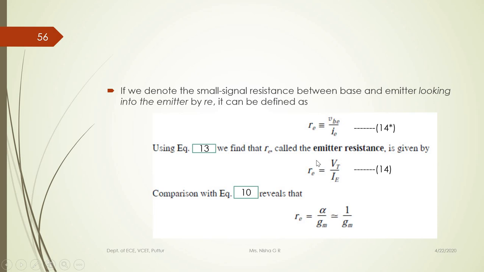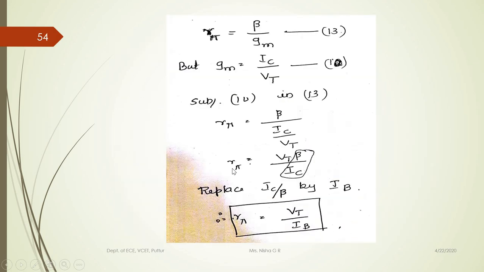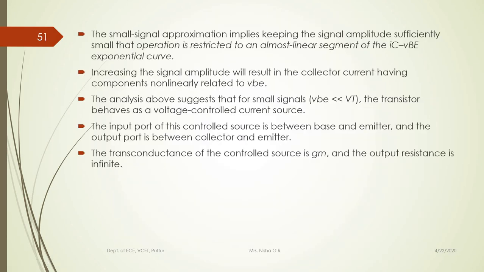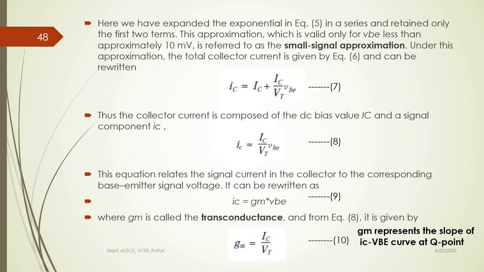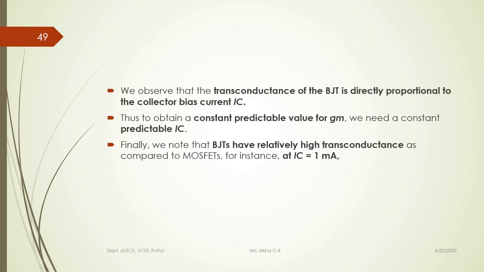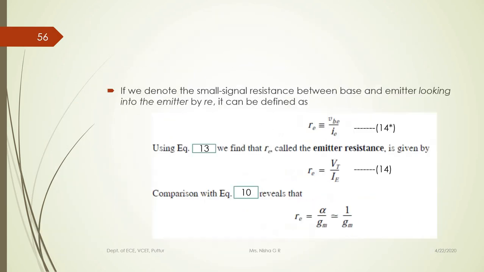Compare this equation with your 10th equation. The 10th equation is GM is equal to IC by VT. So IE can be written as IC by alpha. So alpha by GM you are going to get. So this is 1 over GM.